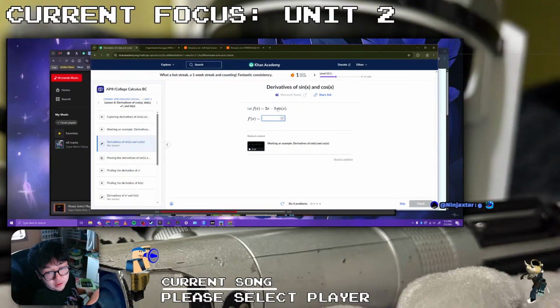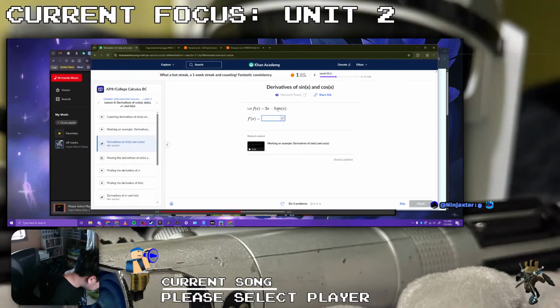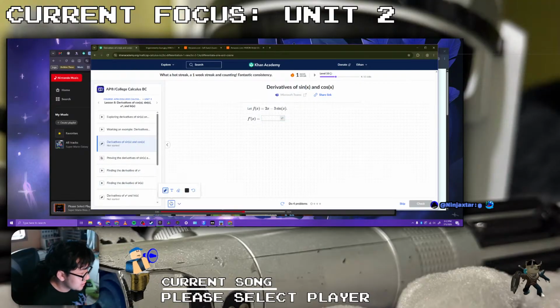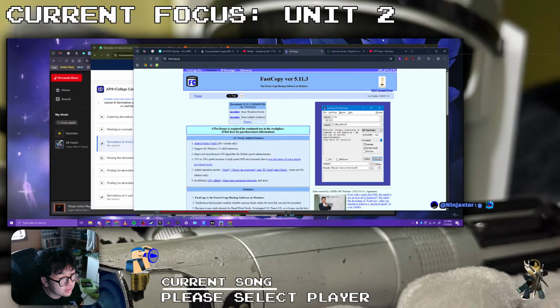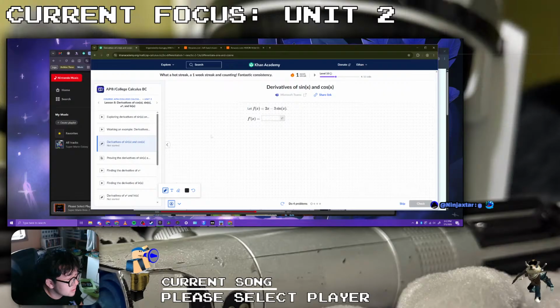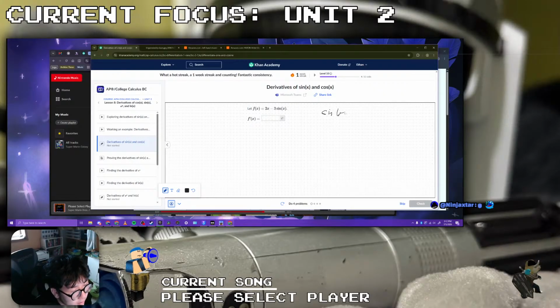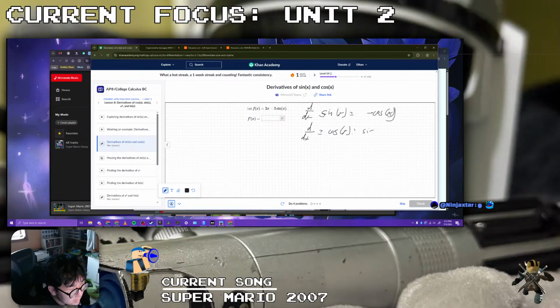Okay, here are the trig function derivatives. I had these memorized at some point. The derivative of sine x equals cosine x. The derivative of cosine x equals negative sine x. You can think of it as anything that starts with a c becomes negative.